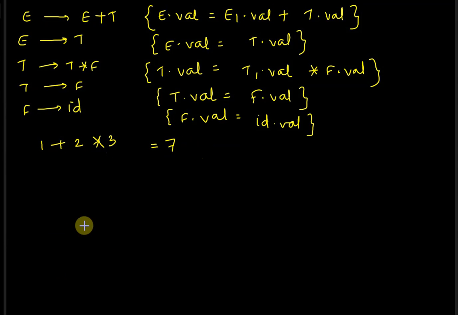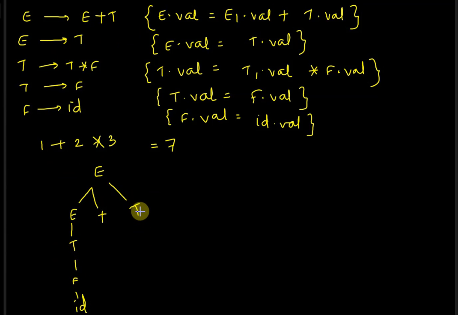Given any expression, if you want to write an SDT, what we do is we draw a parse tree for that expression using this grammar. So I'll draw a parse tree. I start with the first production, E gives E plus T. Then I substitute for this E as T, then T gives F, and finally F gives ID.